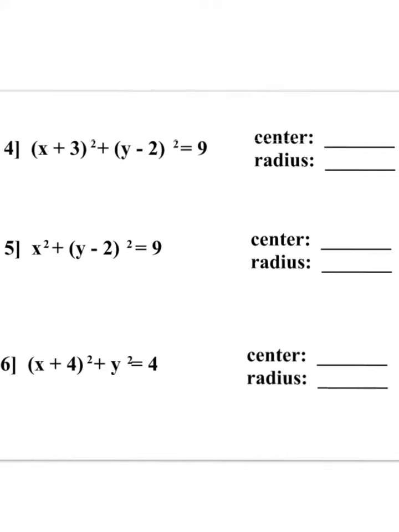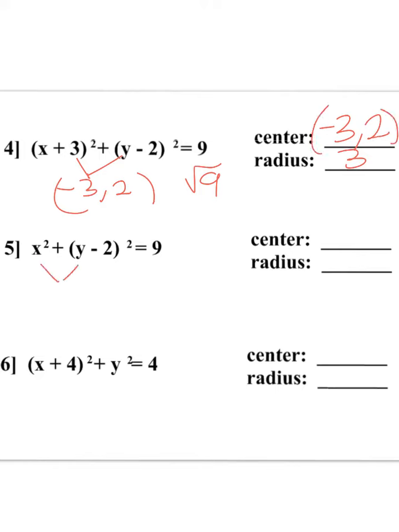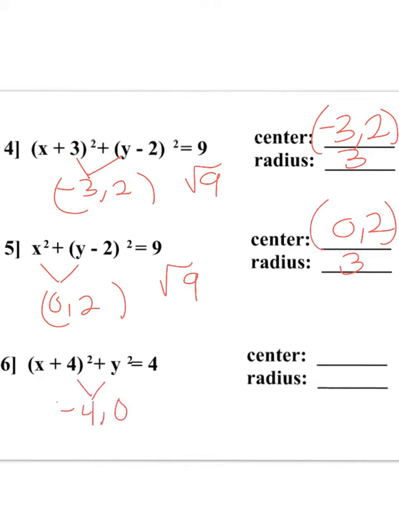Okay, going down through the pike here, I have a negative 3, positive 2, square root of 9 as my radius, so that gives me a radius of 3. Center as negative 3, 2. Okay, so here I have 0, comma 2, and the square root of 9, radius of 3, 0, 2 as my center. And here I have a negative 4, 0, square root of 4 is my radius, so radius is indeed 2, and the center is negative 4, 0.